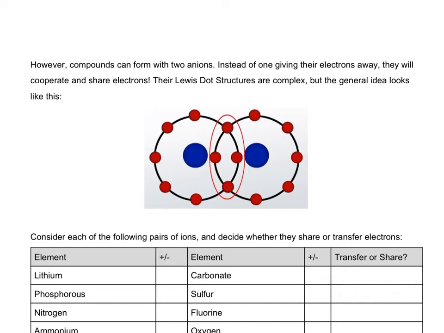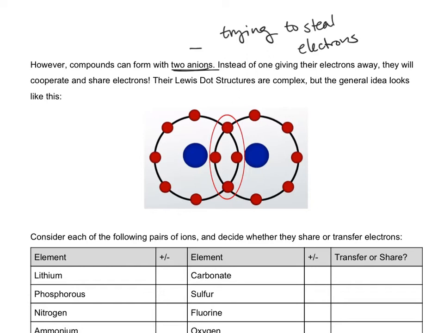But if you're in regular, all that you need to know is that when 2 anions get together, that is 2 negative things that are both trying to steal electrons, I'm going to write that up here, trying to steal electrons, instead of giving away or taking electrons, they'll actually decide to just share electrons.